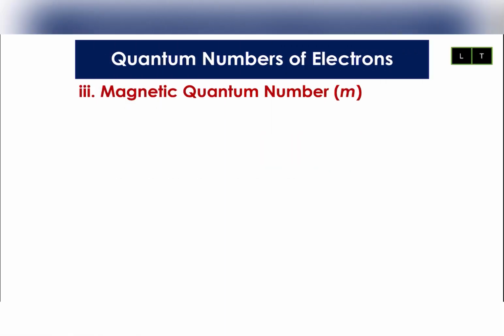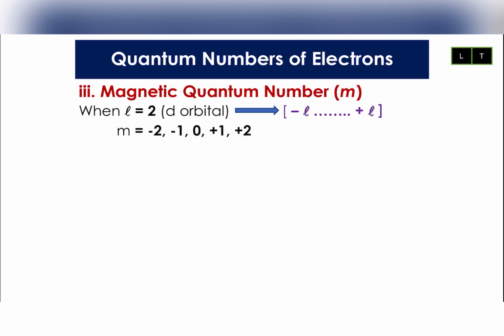For example, I have L equals to 2. I know that this is d orbital. So when d orbital, we want to find out the value for magnetic quantum number M. And we know it depends on the range for L from negative L until positive L. So the value for M can be starting from negative 2, because L equals to 2, we start with negative 2 until positive 2.